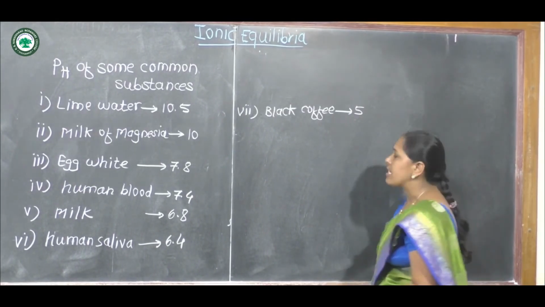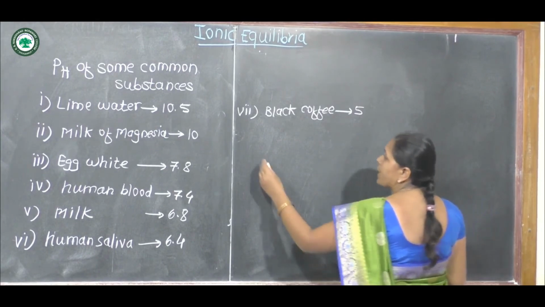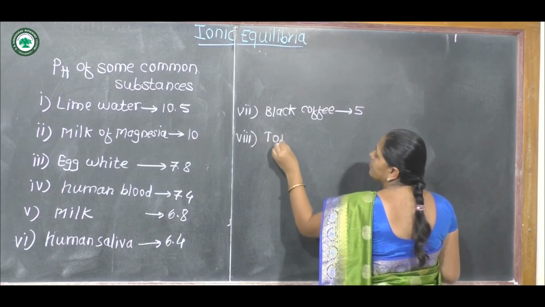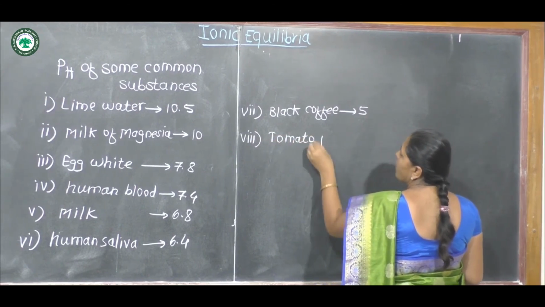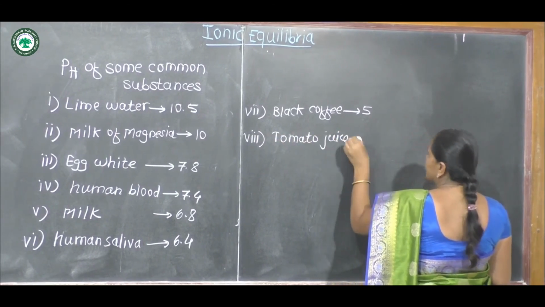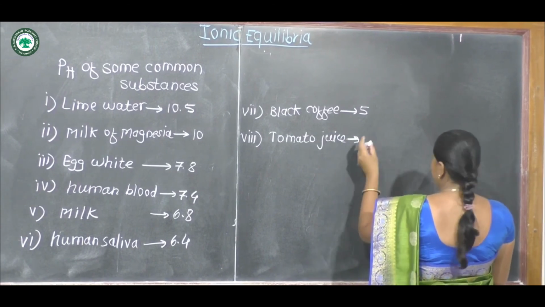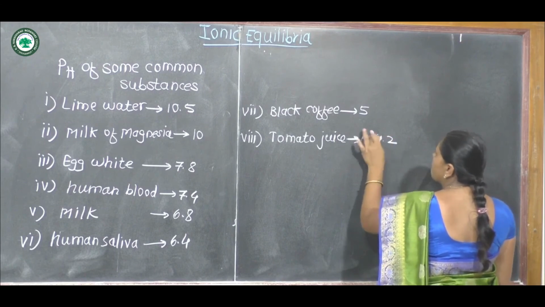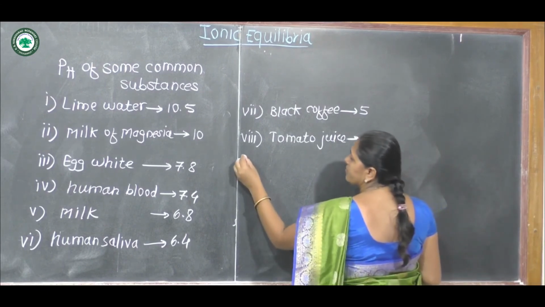Therefore, it is acidic. Then pH of tomato juice is nearly 4.2. It is also acidic.